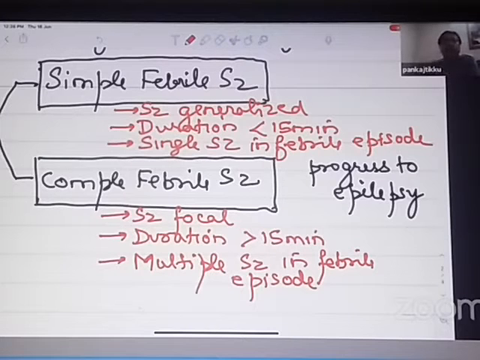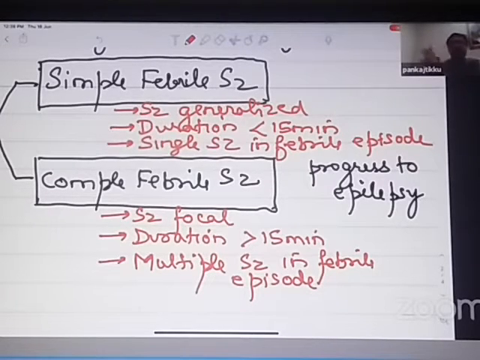So any neurological defect after a seizure episode, if present, this was a complex febrile seizure. If a neurological defect was not present, it is a simple febrile seizure. Neurological defect, if it was present, it was a complex febrile seizure.